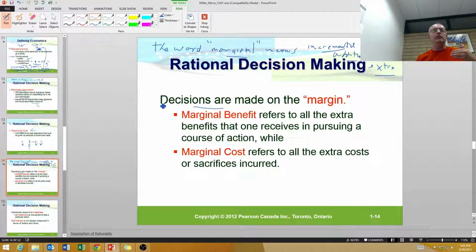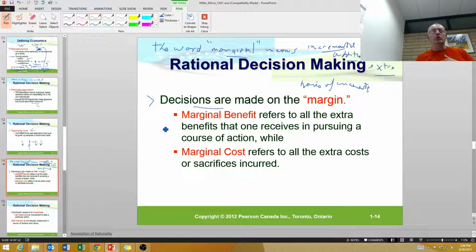So when the authors say decisions are made on the margin, what it means is decisions are made on the basis of increments. That's what the author's talking about.